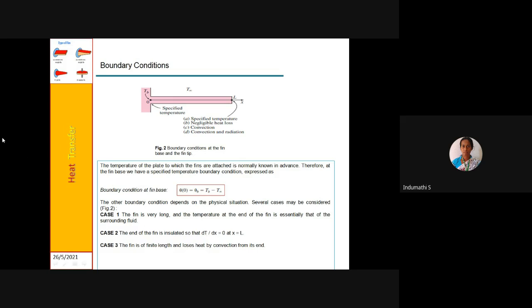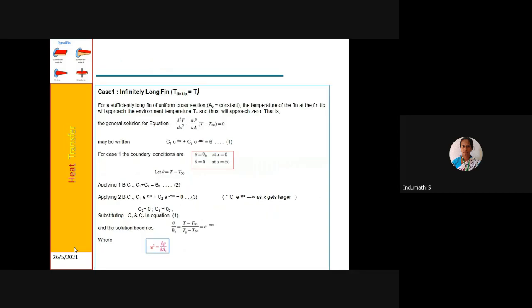These are the different cases we are considering. Next, case 1, the infinitely long fin. For the infinitely long fin, we will look into the temperature distribution, effectiveness, and heat flow expressions.